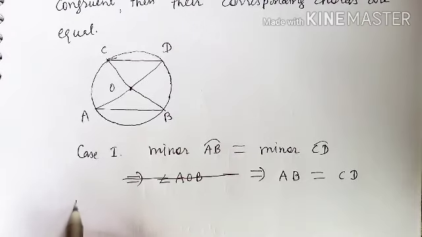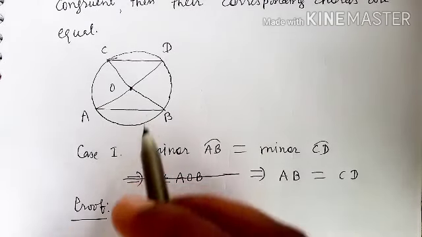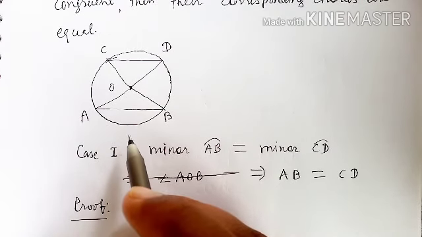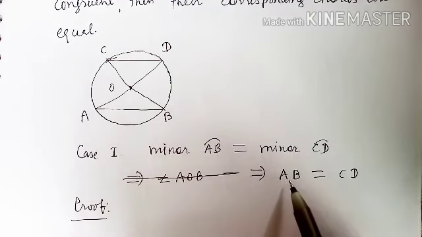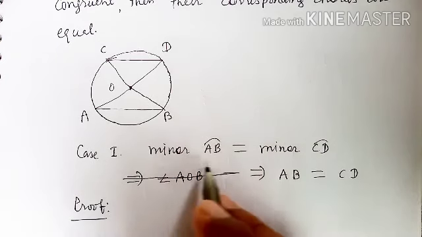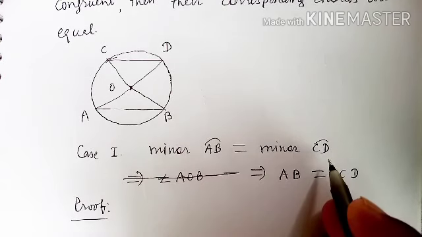Now the proof. In triangle AOB and triangle COD, we have to prove AB is equal to CD. Here it is given minor arc AB is equal to minor arc CD.